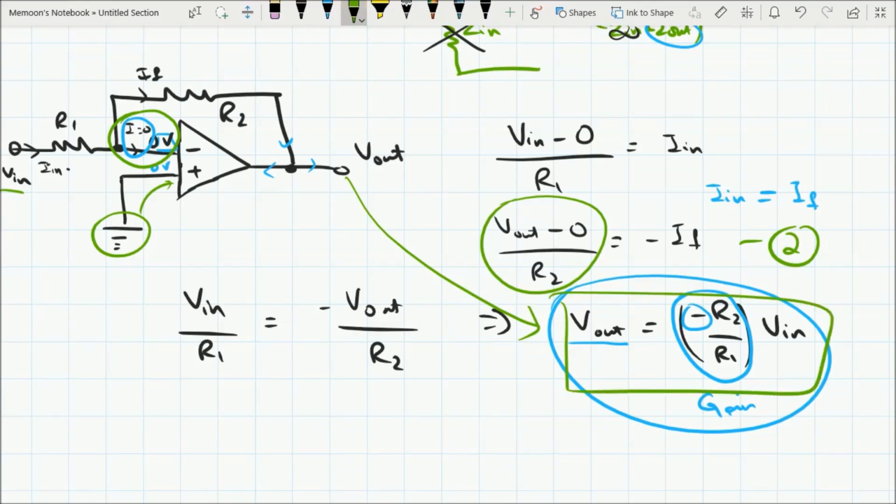What we did was, for our convenience, we wanted to find the value of V out in our case, and we assumed that there must be a 0. But what actually happened was the V out was already produced by the op amp based on the inputs to make this V neg equal to V positive and equal to 0.